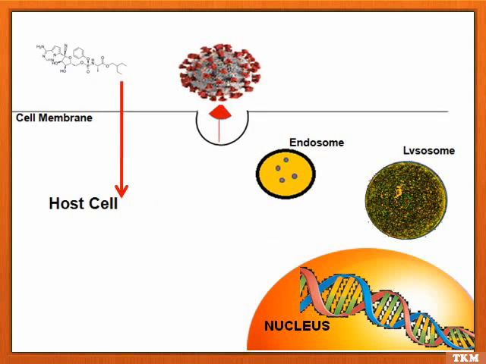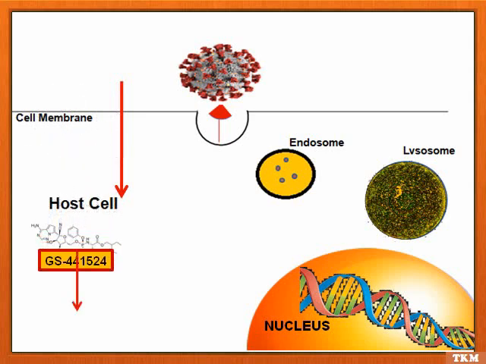So what happens when the patient takes remdesivir? The remdesivir enters the cell and gets converted into an adenosine analog. It means it looks and acts like adenosine, but that's not true. Now GS441524 is an adenosine analog.